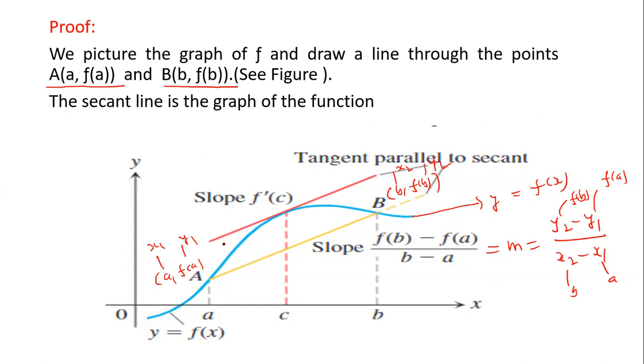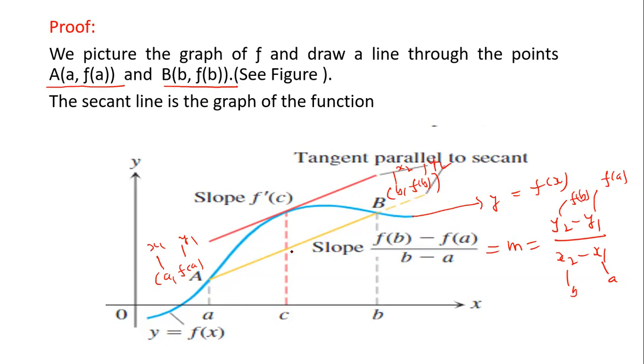Once again, this is one of the given curves between a and b. At the point a, I am taking a point capital A, which is a comma f of a, denoted by x1 comma y1. At b, I am taking the point b comma f of b, which is x2 comma y2.